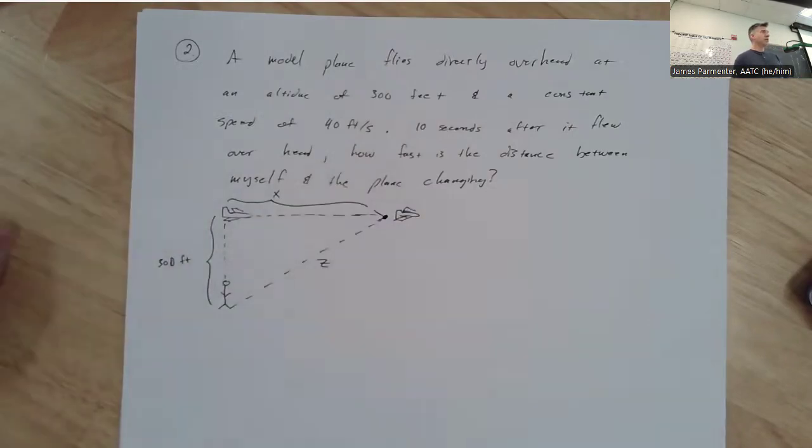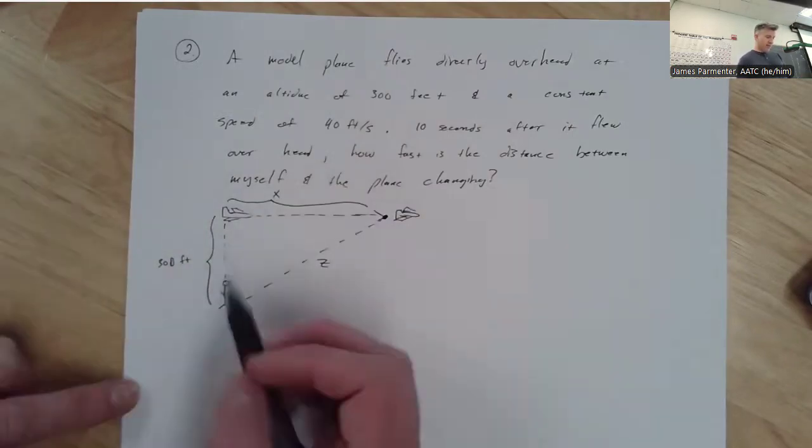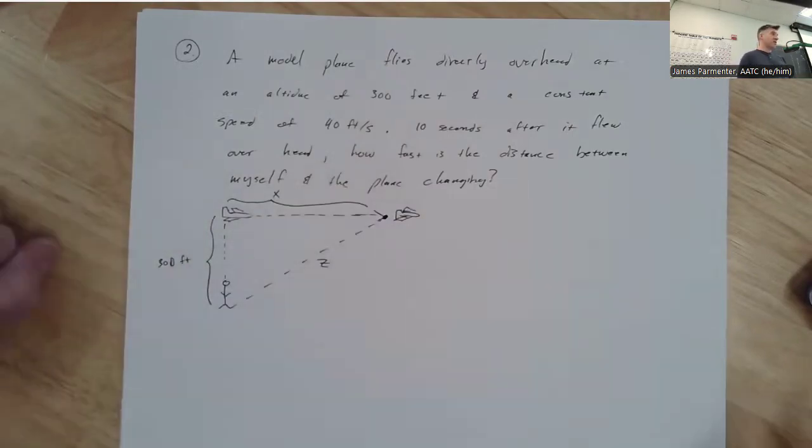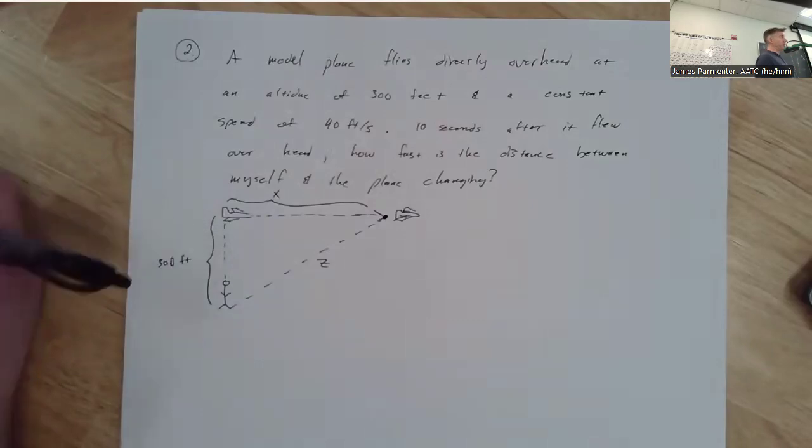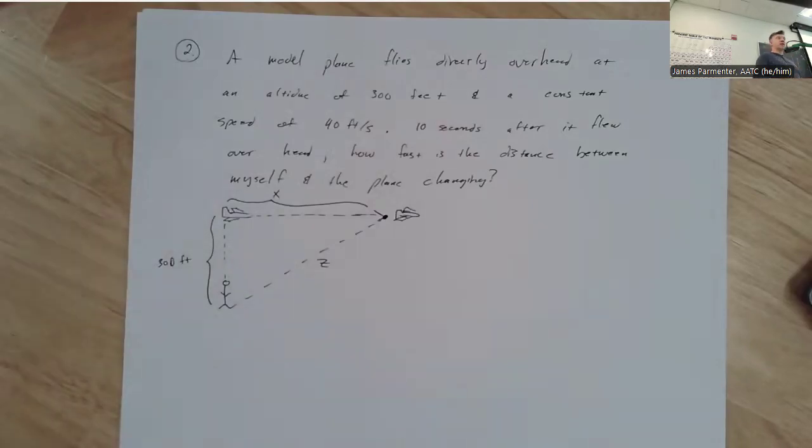So x is changing, z is changing. If you wanted to label the height as y, it wouldn't be changing. Well, I probably wouldn't label it. Usually things that are constants, I try not to give them variable names if I know that they're not changing in the sense of the problem. So I wouldn't call that other side y, I would just call it 300 feet. Okay, we've got our picture. We've labeled things that are changing.